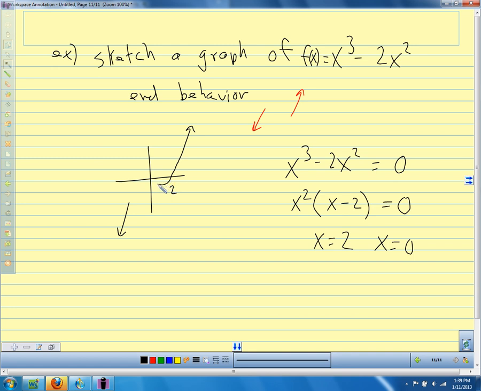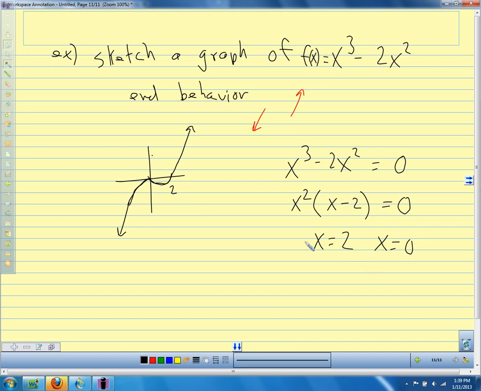It's going to have to touch 0, because if it went up here again, wouldn't it have to go through the x-axis again to eventually go down? And it doesn't go through the x-axis anywhere else. So it has to go back down here. So this is a really rough sketch of the graph, just knowing the end behavior and just knowing the intercepts.